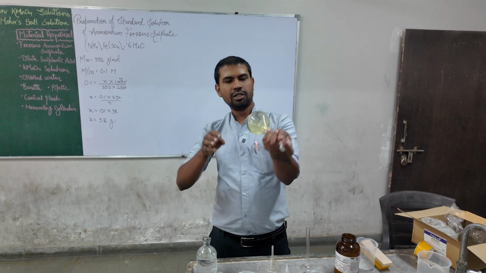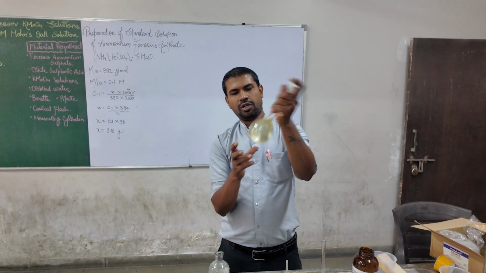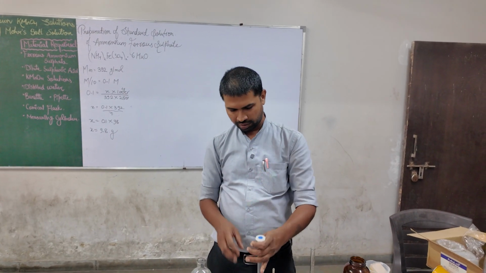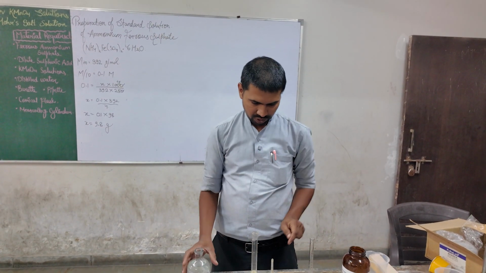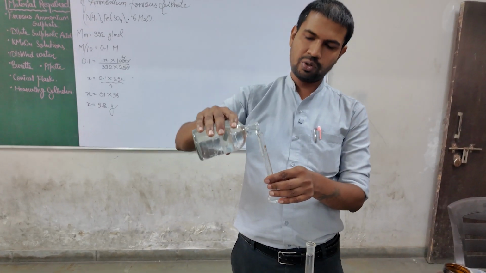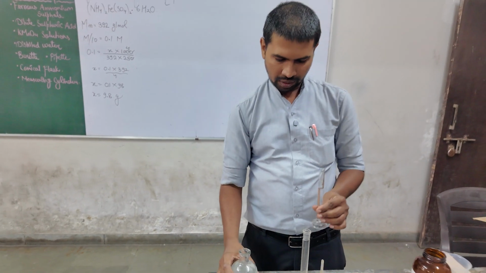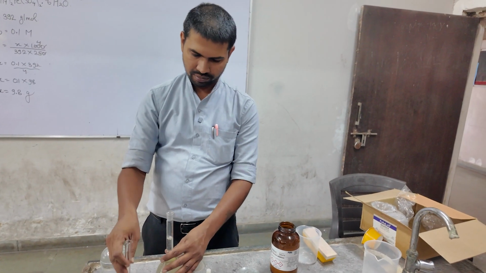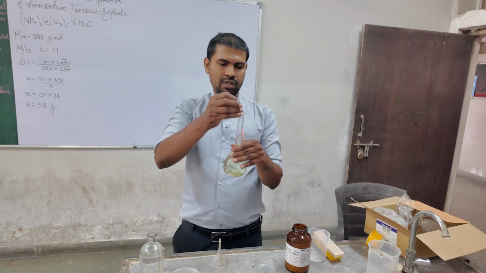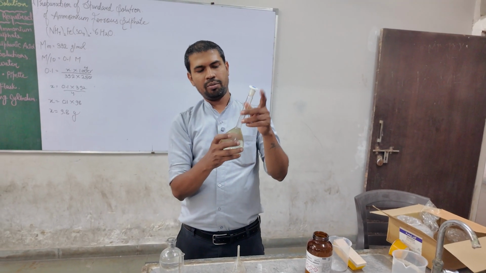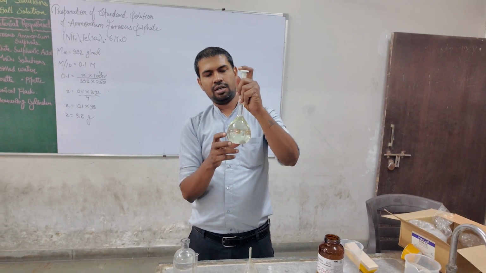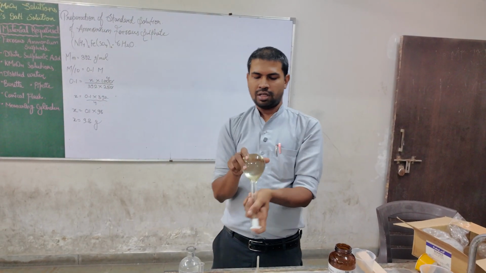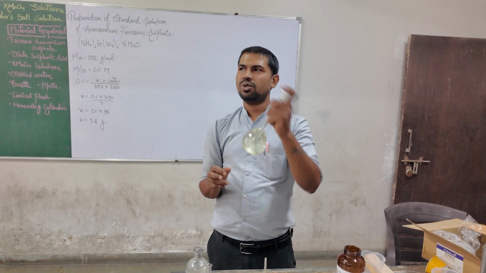If the solution has not become transparent, then again a little amount of the dilute sulfuric acid we are going to add. Now see the exact measurement and then dissolve it properly. Now this solution we are going to use as a standard solution.